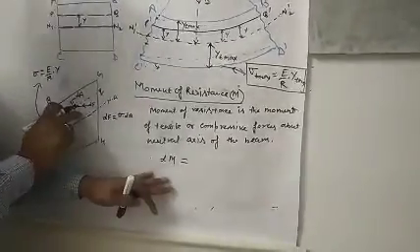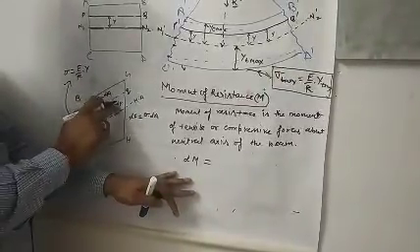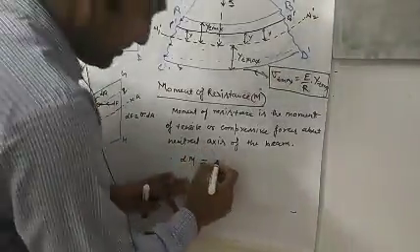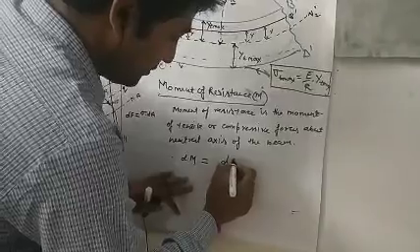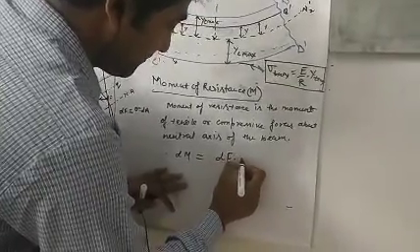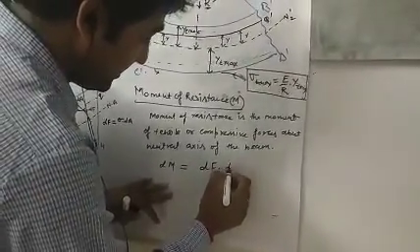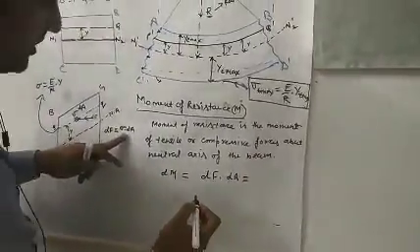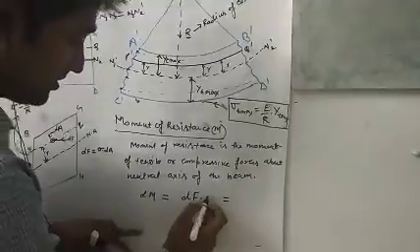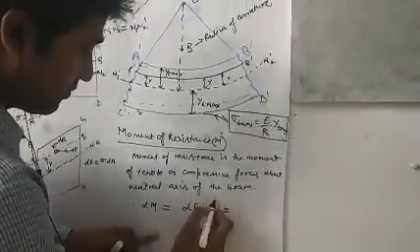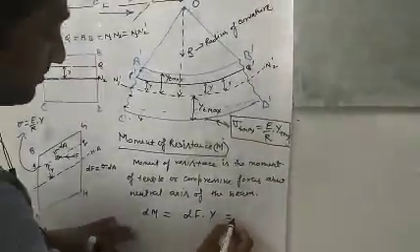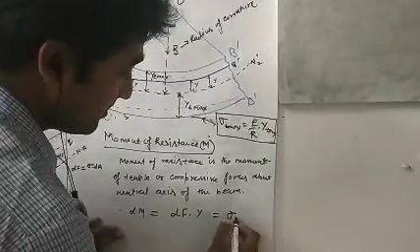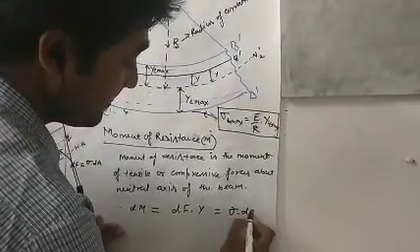Then the perpendicular distance for this dF is y, then moment dM will be equal to dF into y, and dF is equal to sigma into dA, so dM is sigma into dA into y.